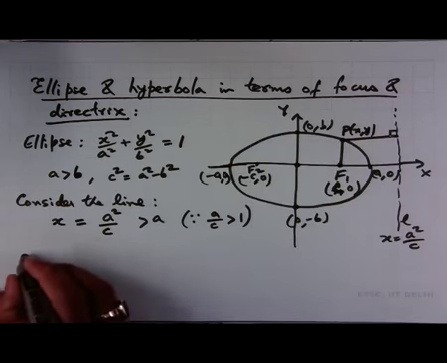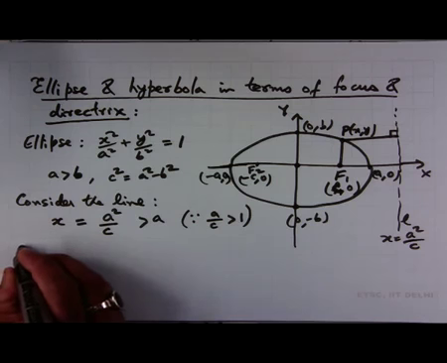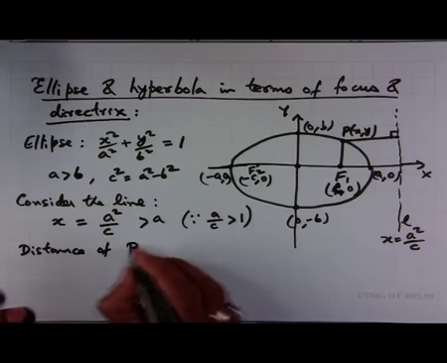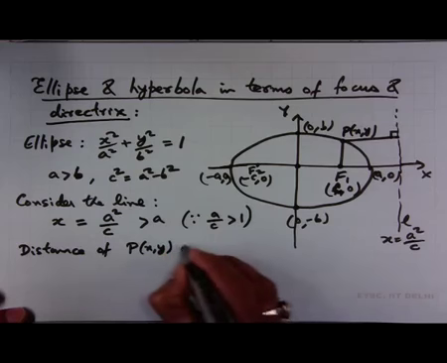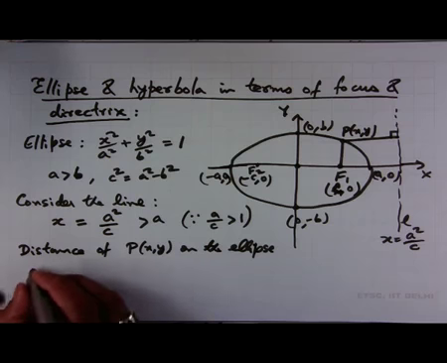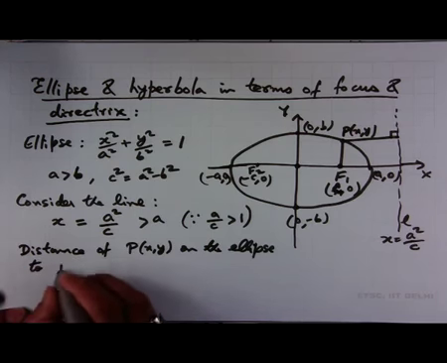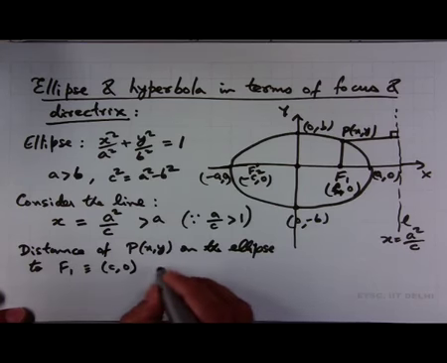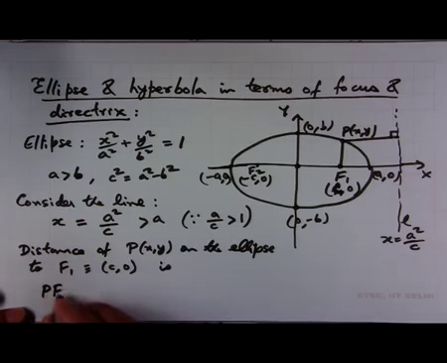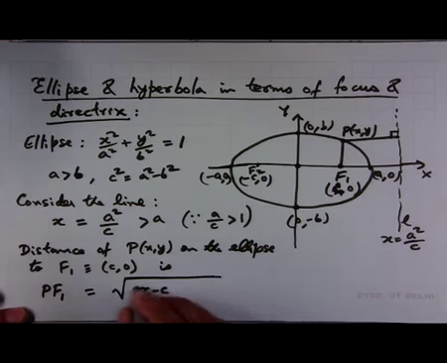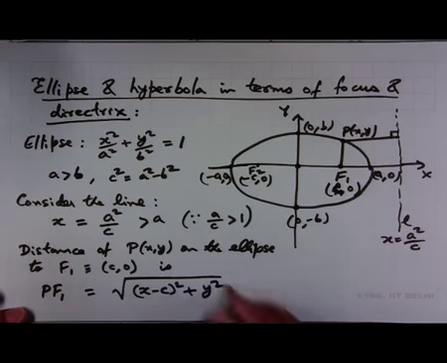So, the distance of P (x, y) on the ellipse to F1, which is (c, 0), is PF1, equal to the square root of (x minus c) square plus y square.